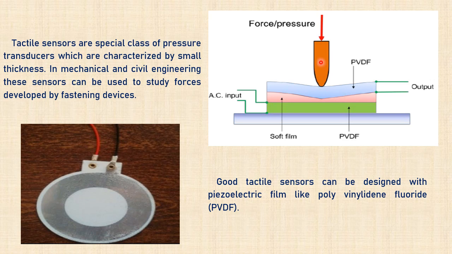Now imagine some pressure is being applied on the upper layer. The pressure applied on the upper layer will obviously damp the mechanical oscillations that are communicated from this layer. So there will be a change in electrical output, and this electrical output is fed into an amplifier which amplifies the signal, and that signal is sent into the demodulator, which is very sensitive to the amplitude and phase of the signal.